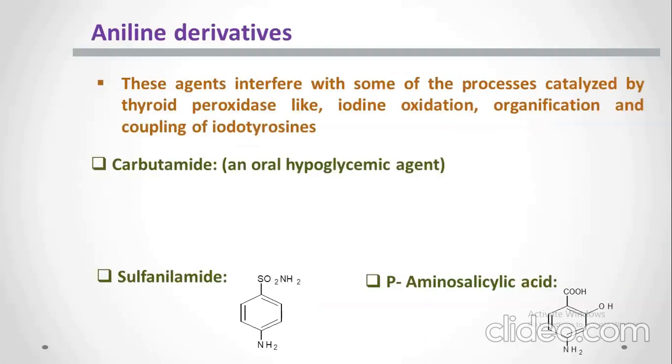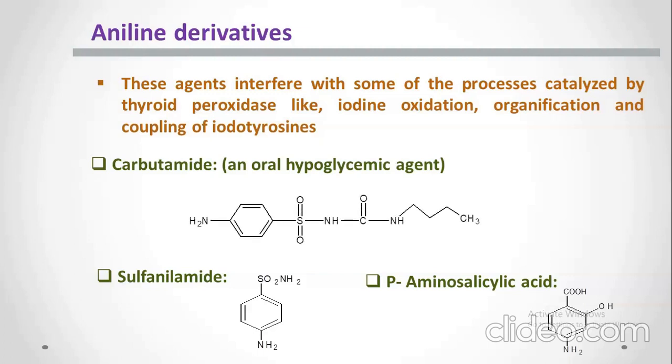Then aniline derivatives. These agents interfere with some of the processes catalyzed by thyroid peroxidase like iodine oxidation, organification and coupling of iodotyrosines. Examples: carbutamide, which is an oral hypoglycemic agent, sulfanilamide, and para-aminosalicylic acid.